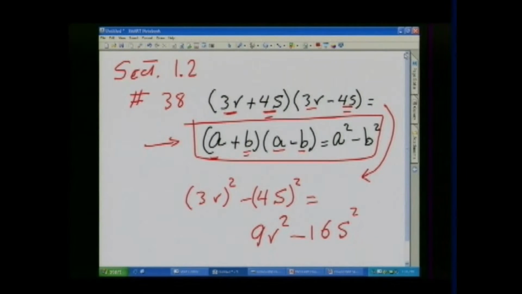And that's the answer to this problem, 9r squared minus 16s squared. So these are basically the steps you have to take to do this problem.